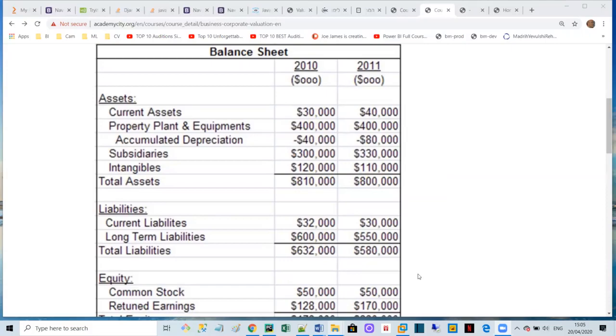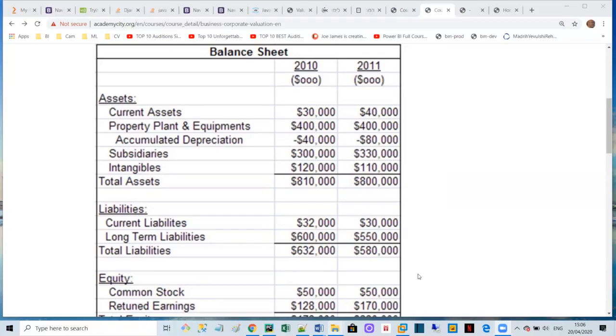How would you describe the 42? I will help you out. We said the 128,000 is the total profit since the company was established minus the total dividend. The 170 is the same thing, just up to the year of 2011.